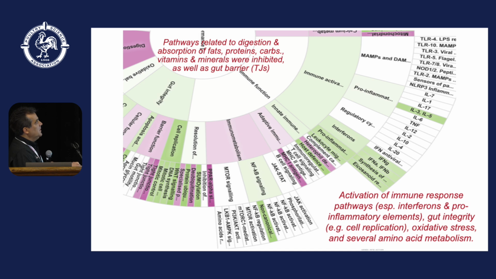And on the opposite side, pathways related to digestion, absorption, vitamins, minerals, and what have you, they were actually lower in the low performance. So put that all in picture is resource allocation aspects and things like that. You can kind of conclude that based on this, that's why we have low performers, high performers, but obviously we don't know what the management is.